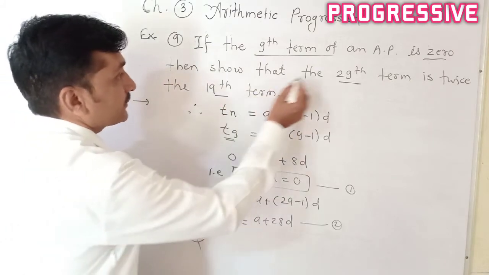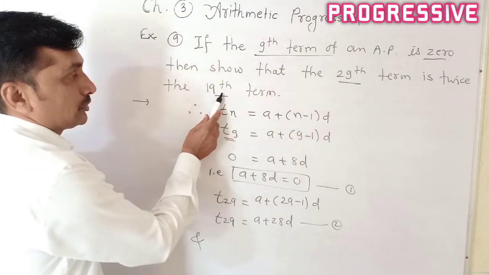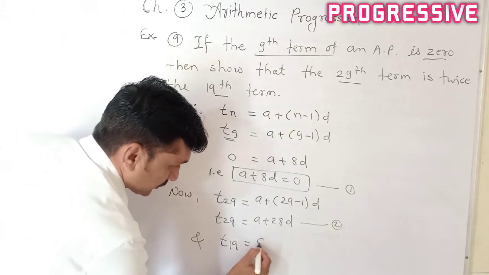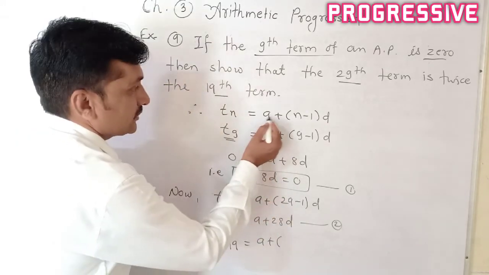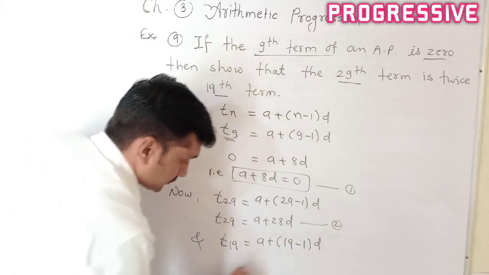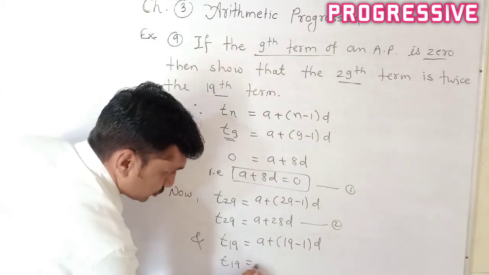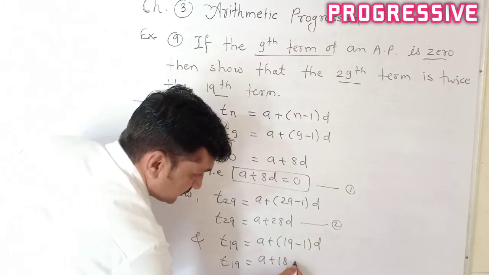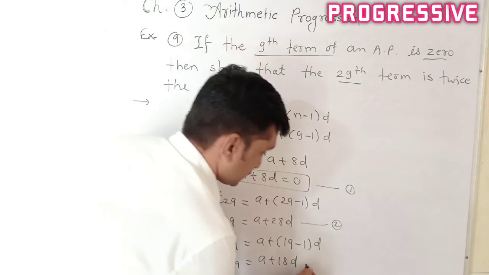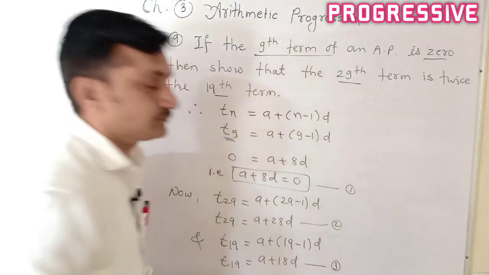And similarly, you find the 19th term. T19 is equal to a plus 19 minus 1 into d. Therefore, T19 is equal to a plus 18d. And here number 3 I write.